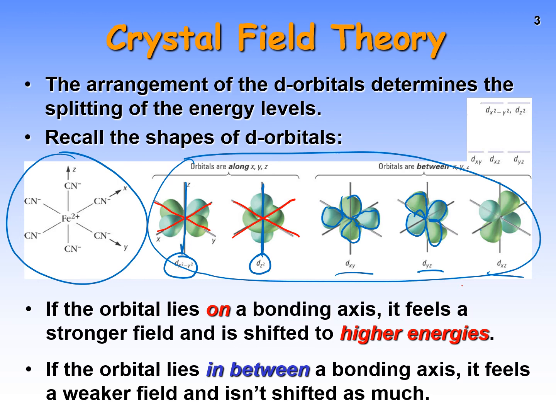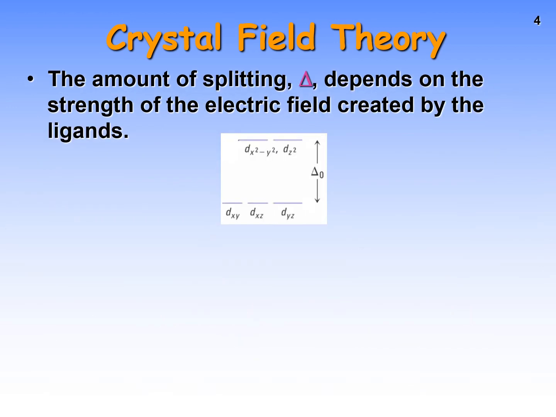All right, so let's go a little bit more into this. How much shift occurs here depends on the strength of the electric field that the ligand is generating, right? So some ligands create stronger electric fields than others. Not all electric fields created by our ligands are the same.